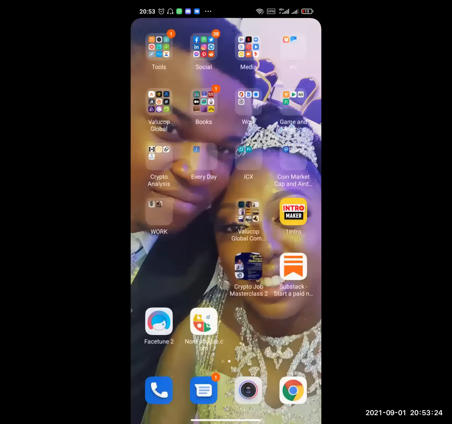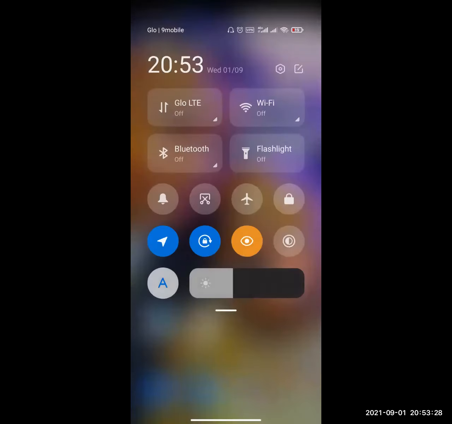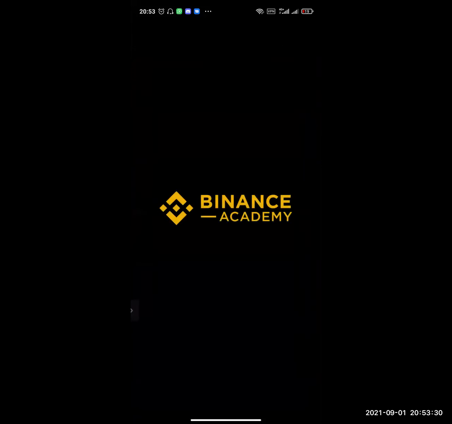Take for example now, BEP2. BEP2 means Binance Chain.